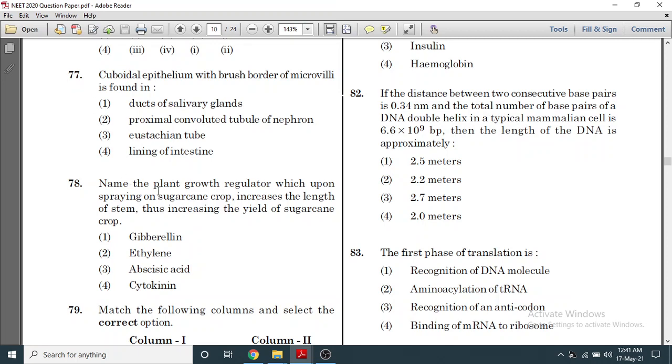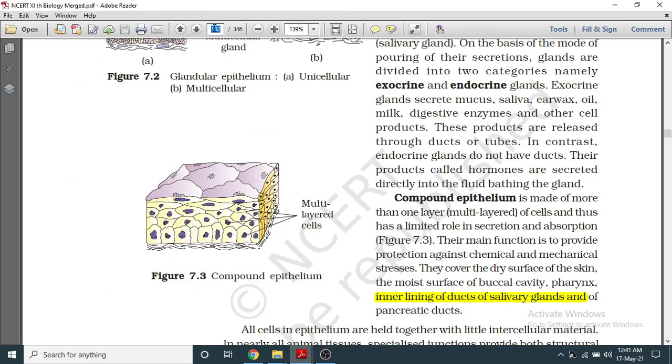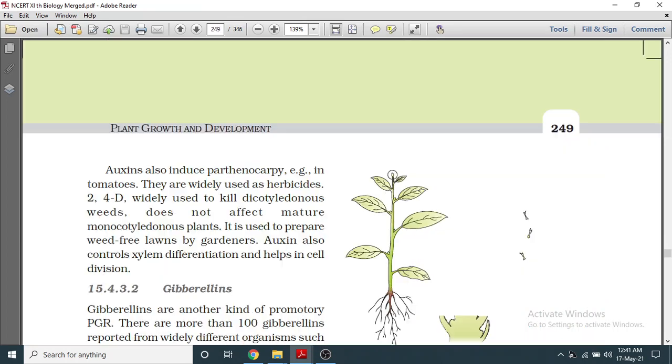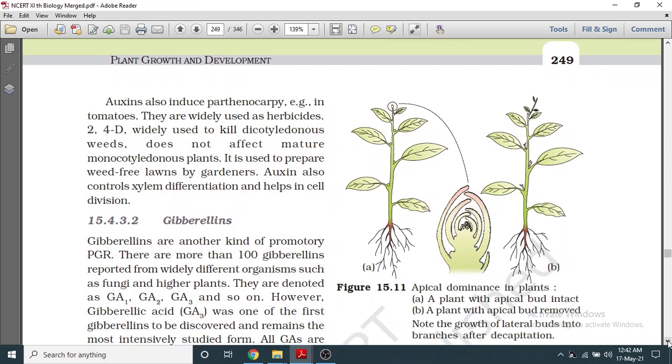Name the plant growth regulator which upon spraying on sugarcane crop increases the length of stem, thus increasing the yield of sugarcane crop. Question number 78 is from page number 249 of class 11th NCERT. Now you will find gibberellins.